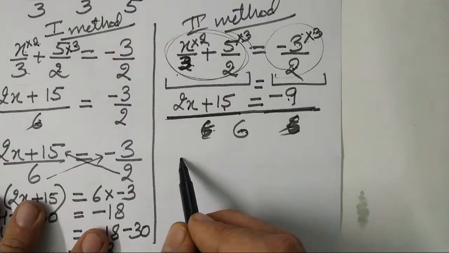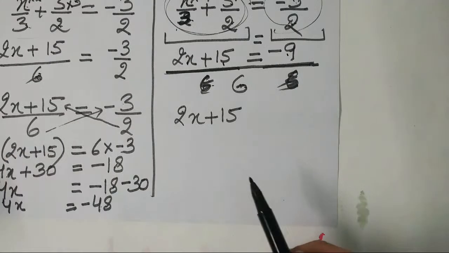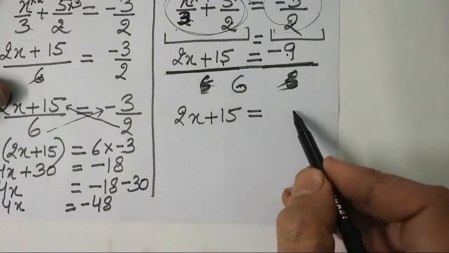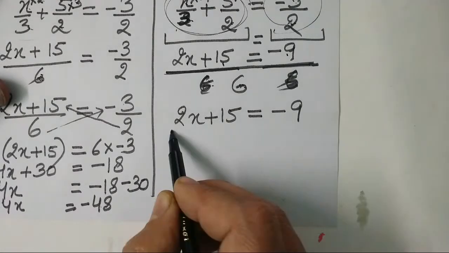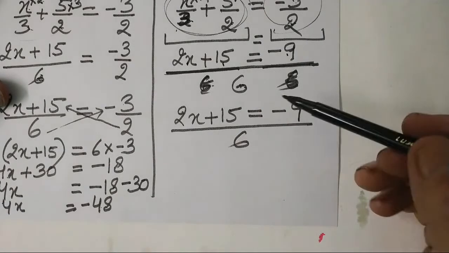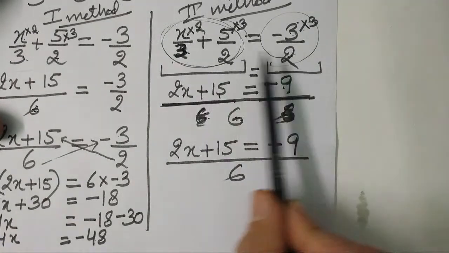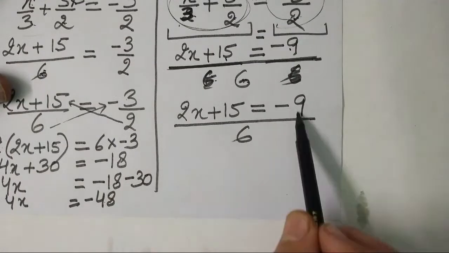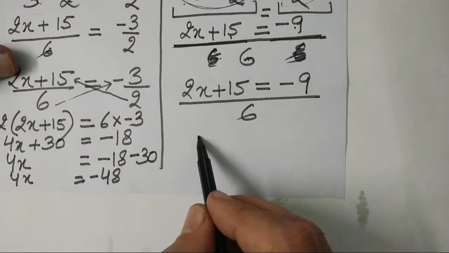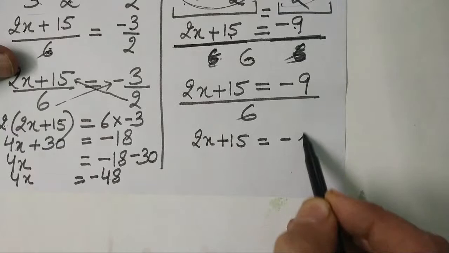So your equation becomes 2x plus 15 is equal to minus 9, and now both sides have LCM 6. What is the benefit of this method? When you have taken the LCM of both sides, after this step your equation becomes 2x plus 15 is equal to minus 9.